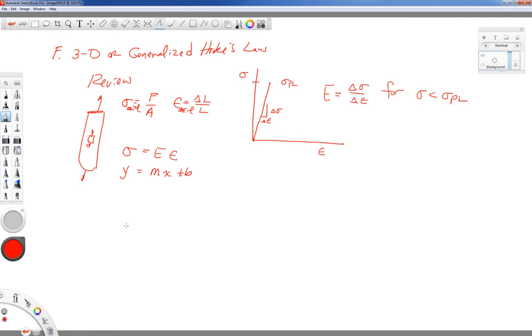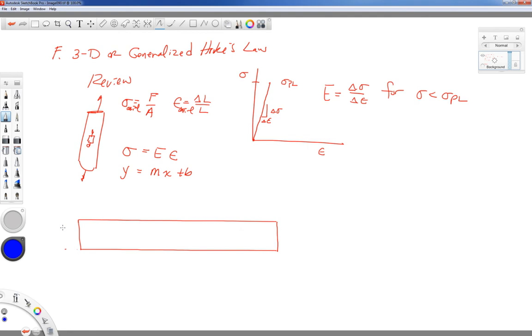Another thing happens when we pull on a bar, and I'm going to draw this bar sideways this time. And that's that when we pull on this bar, it not only gets a little bit longer, but it also shrinks in a little bit due to Poisson's ratio.